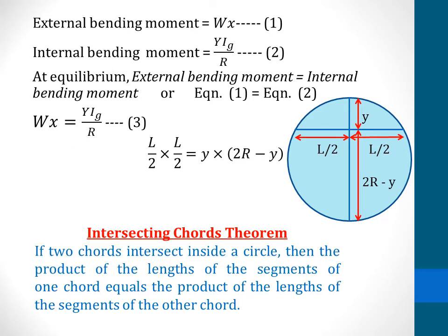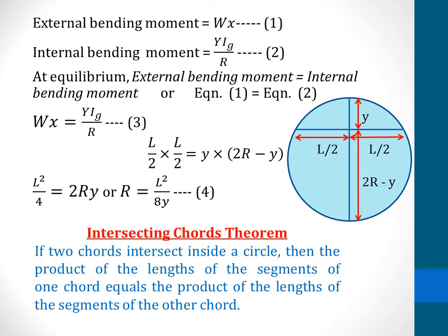This is the intersecting chord theorem. If two chords intersect inside a circle, then the product of the lengths of the segments of one chord equals the product of the lengths of the segments of the other chord. Therefore, we have here, according to the equation shown, L by 2 into L by 2, which is the product of the segments of the chord which we drew, equal to the product of the segments of the diameter, which is y into 2R minus y.